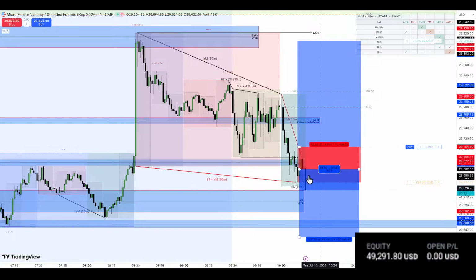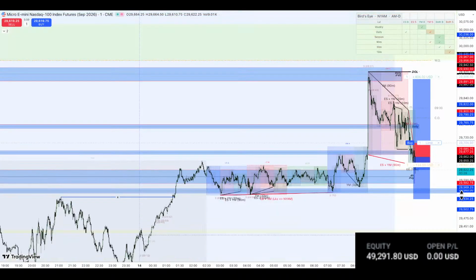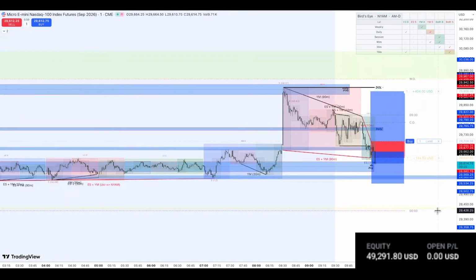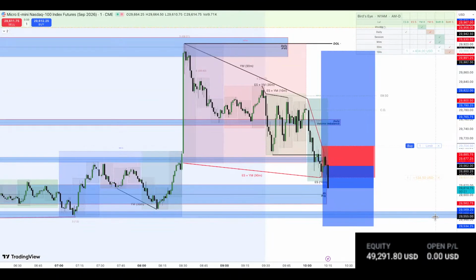If price closes below this, and drastically, then I might consider shorting this. But I'm still waiting for price to really give me an opportunity to buy.